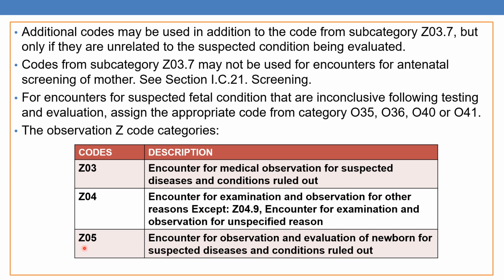The next is Z05. It deals with encounter for observation and evaluation of newborn for suspected disease and conditions ruled out. In the current session, we will discuss each code in all these three categories: Z03, Z04 and Z05.